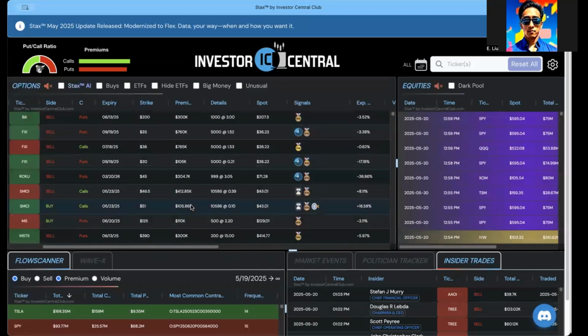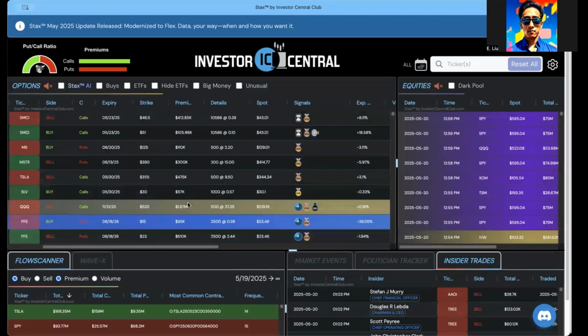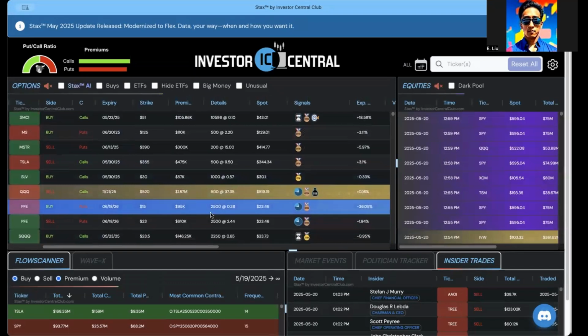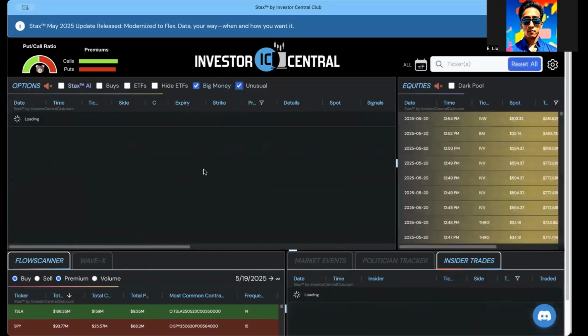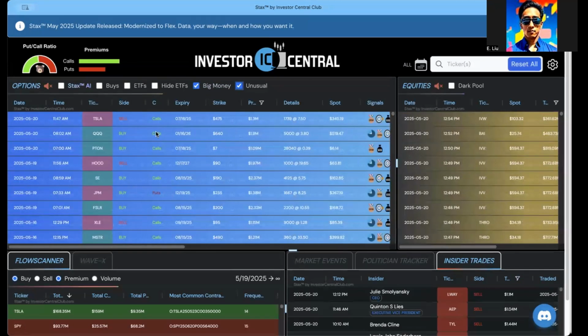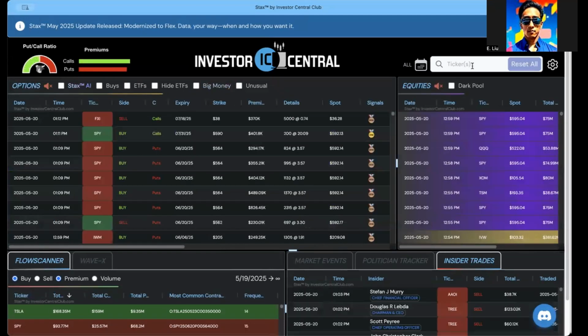And you can also understand we have unusual prints that will show up in blue. If they are both big money and unusual, you'll see a little combination of both. You'll see the big money sign in the back of the blue, and that's how you can understand the combination of those characteristics. Anytime you want to reset anything, you can hit that reset all button on the top right.